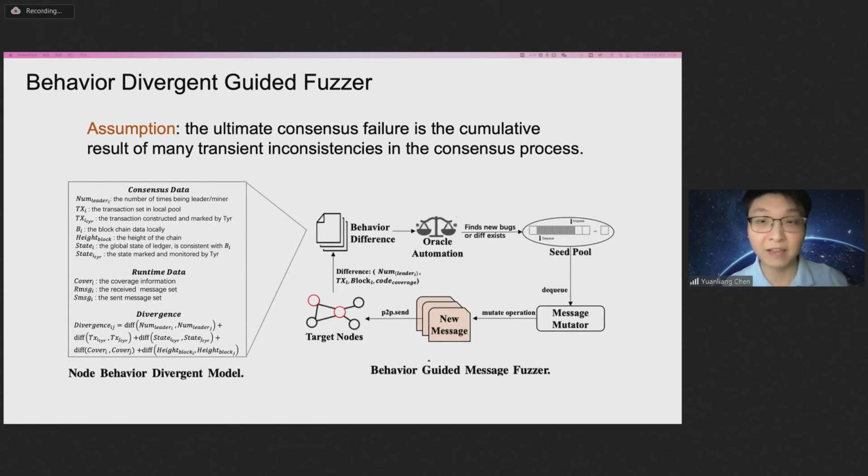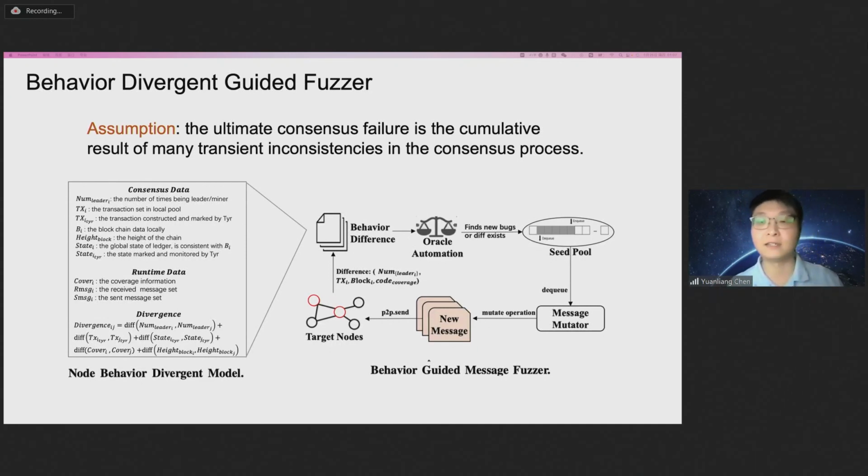All the nodes' behaviors are driven by the messages in the blockchain system. So TIA employs behavior-guided message fuzzing to constantly generate messages as input to test the whole blockchain system. Specifically, if a new mutated message detects a new oracle bug or generates new different behaviors, then it will be stored in the seed pool.